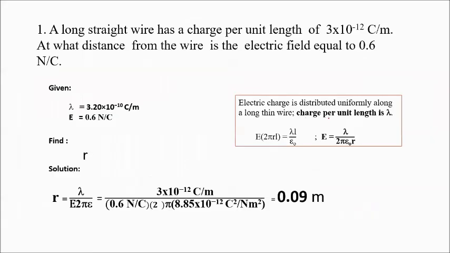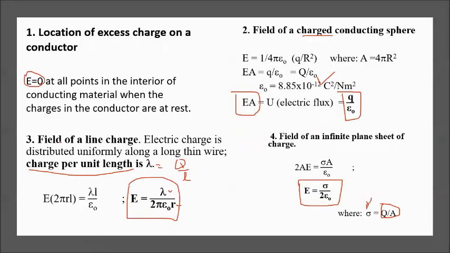Okay, so let us apply that to a simple problem. The problem states that a long straight wire has a charge per unit length of 3 times 10 to the negative 12 coulomb per meter. So analyze: long straight wire. Ano yan? Dito yan sa formula 3, field of a line charge.